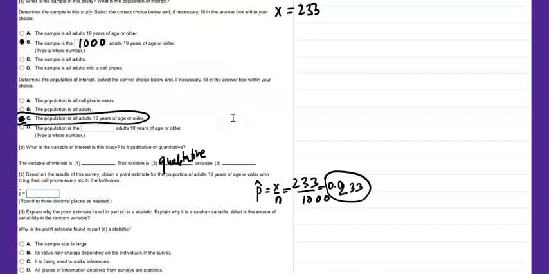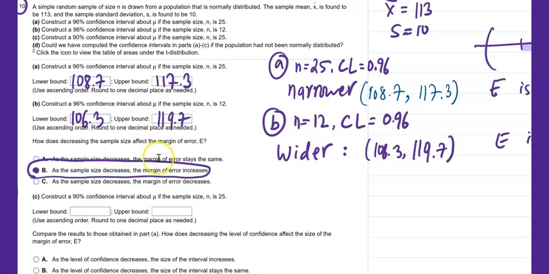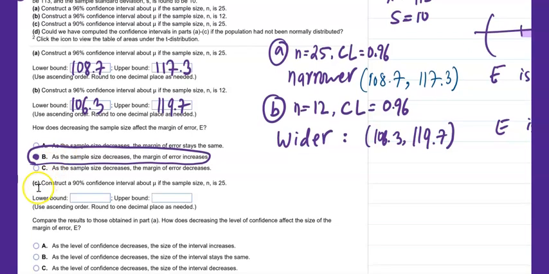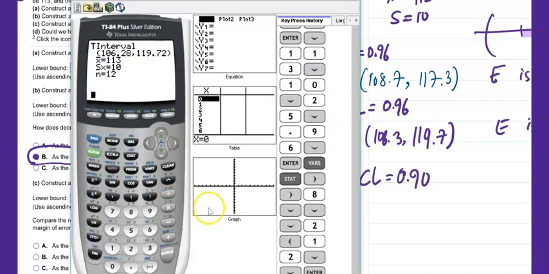We finished A and B. Let's do C. Part C: construct a 90% confidence interval about mu if the sample size is 25. So again we construct the interval with n equals 25 and confidence level 0.90. Let's construct that as we did before.